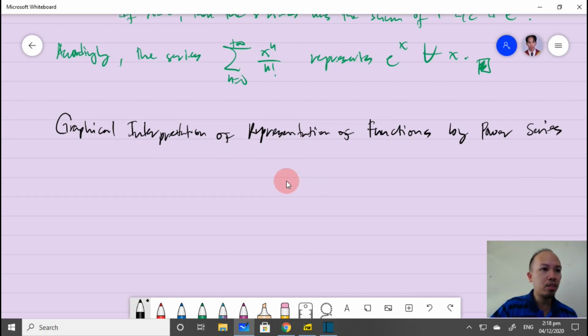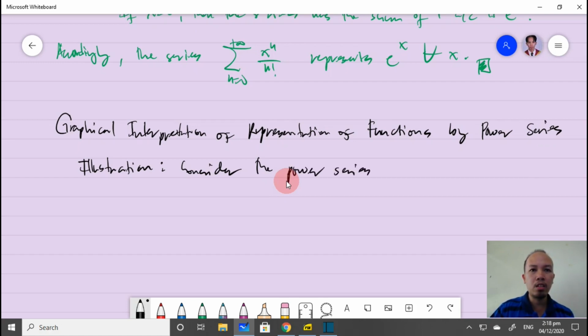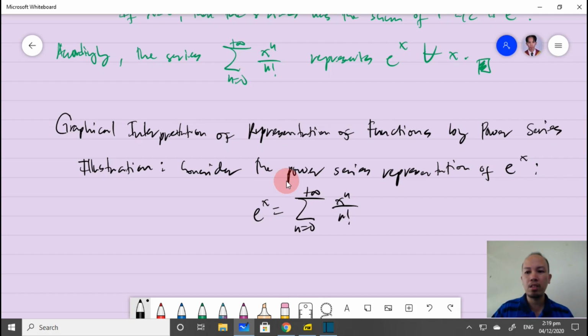So for illustration, consider the power series representation of e to the x, which is this one, summation of x to the n over n factorial, where n starts from 0 to positive infinity.